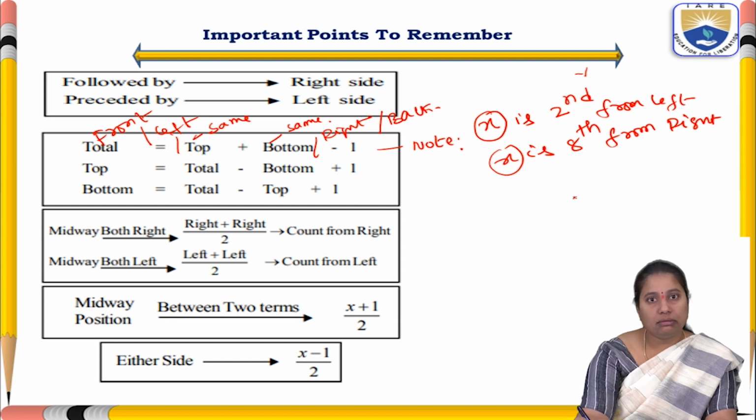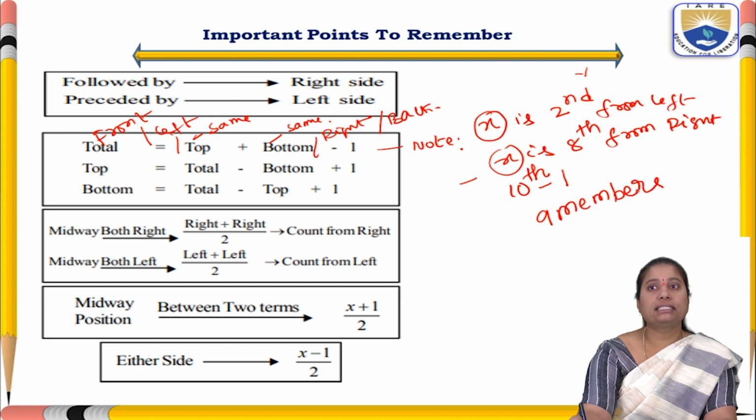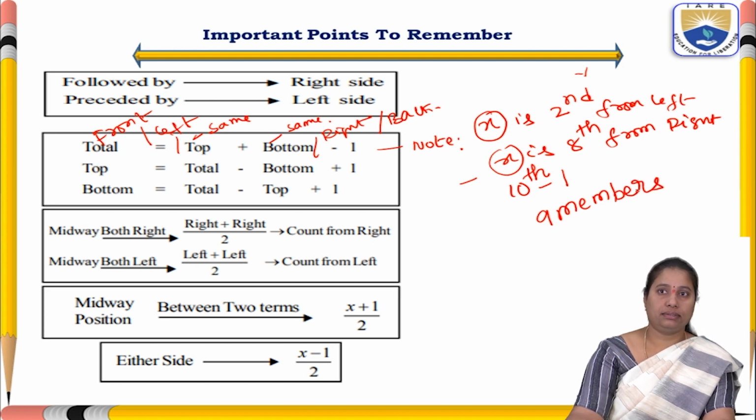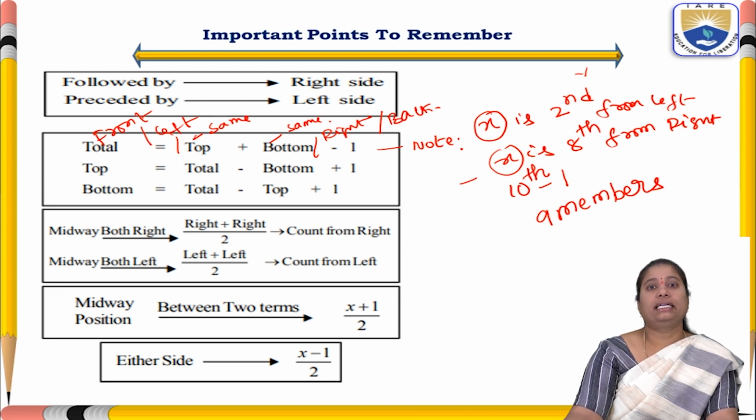So the total number of positions is 8 plus 2, 10. But the same person is taken 2 times, so we will less 1. So the total number of people in that particular row is 9 members.